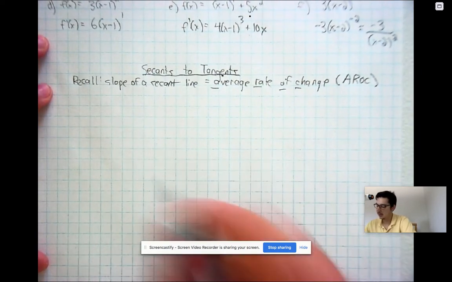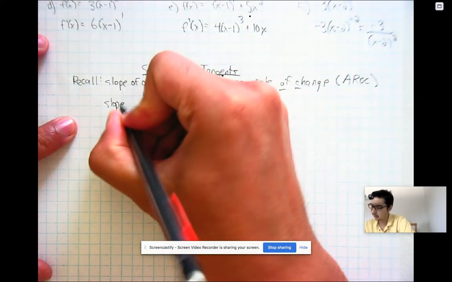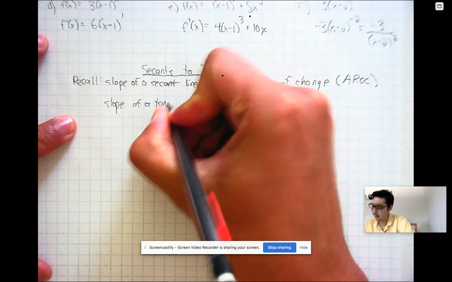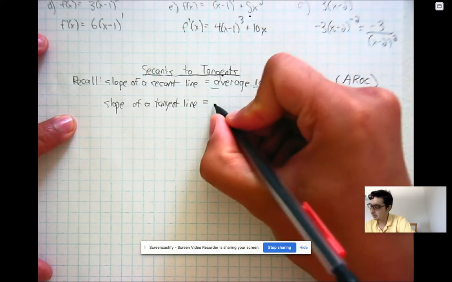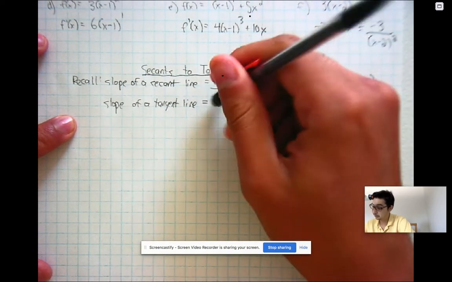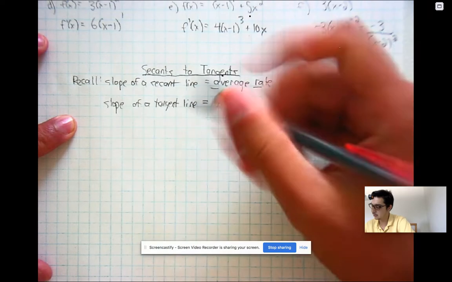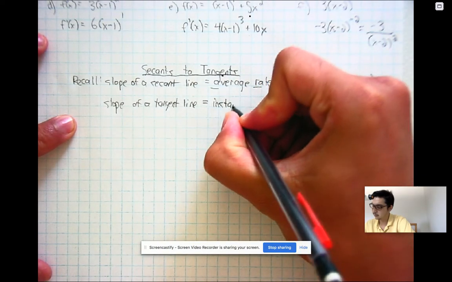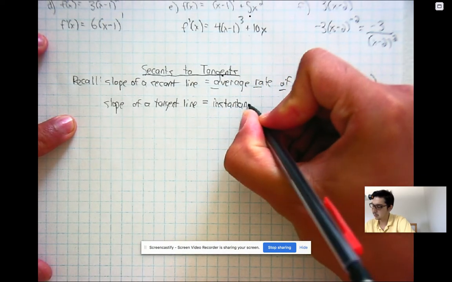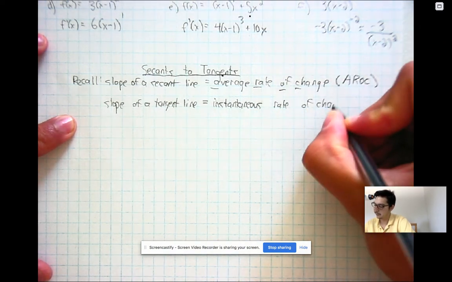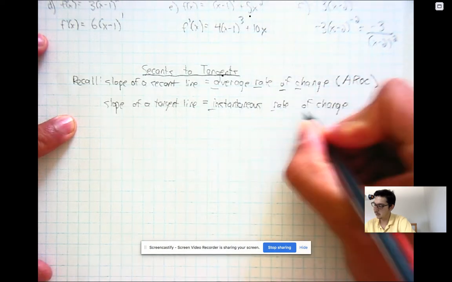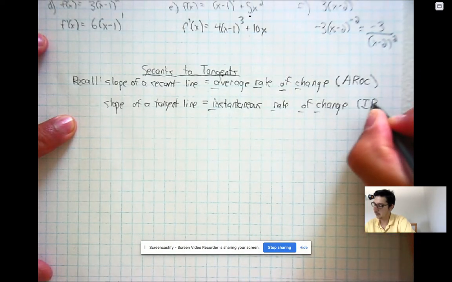Right? And then the slope of a tangent line, and I'll give you a graphic to help you see this soon, is the instantaneous rate of change, which if you follow those first letters, it makes the acronym IROC.